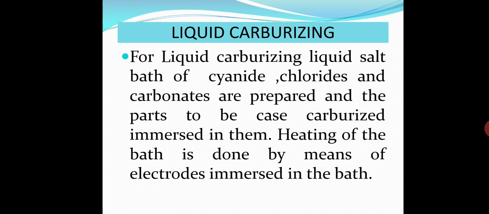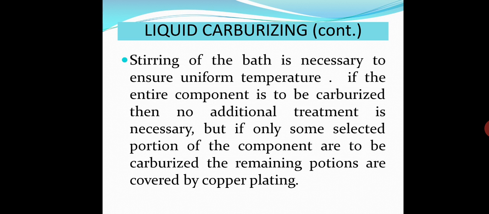So, in a container, this salt of cyanide or chloride and carbonates is kept and the part is immersed. Heating of the bath is done by means of electrodes immersed in the bath by supplying electricity. So, stirring of the bath is necessary to ensure uniform temperature.